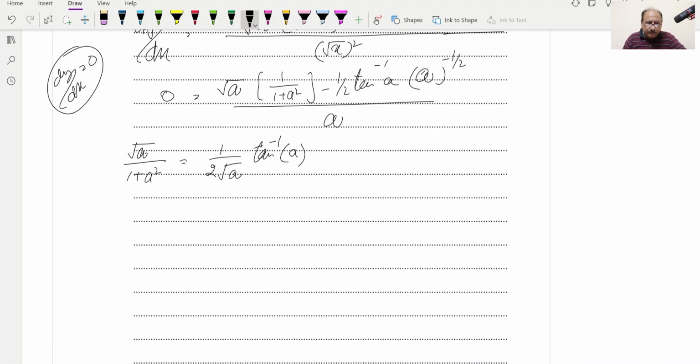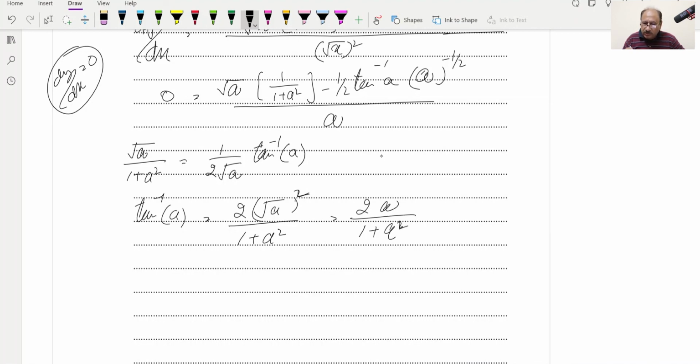Now we can further cancel, basically not cancel, we can shift 1 over 2 under root to the other side. So tan inverse of a will be equal to 2 under root a squared over 1 plus a squared, so we can write 2a over 1 plus a squared.